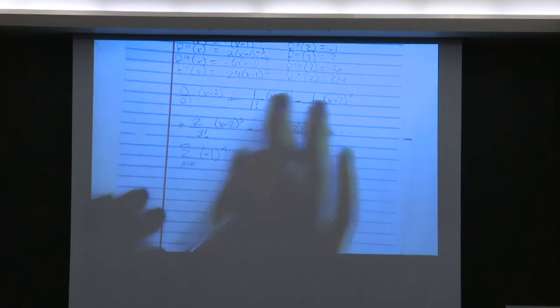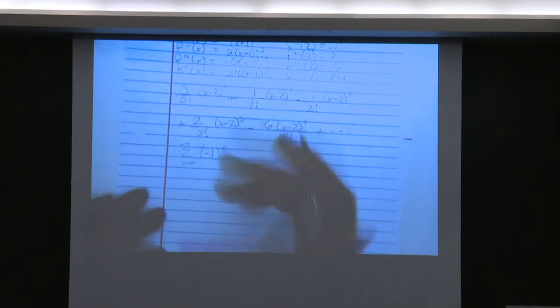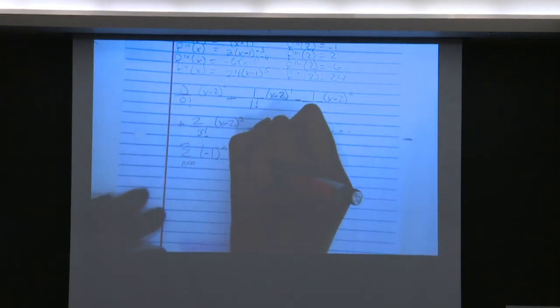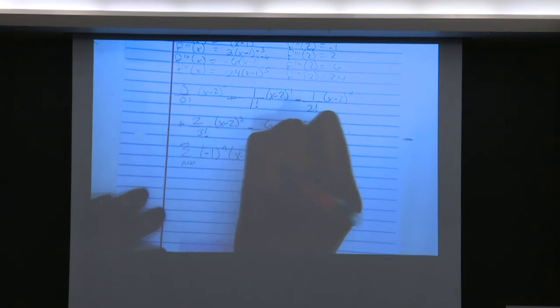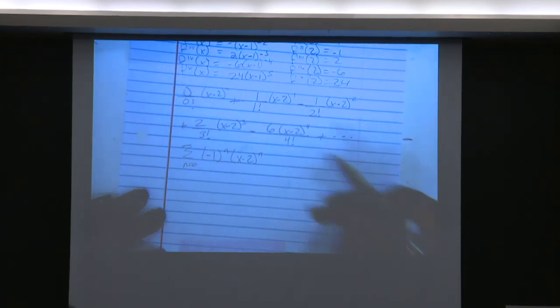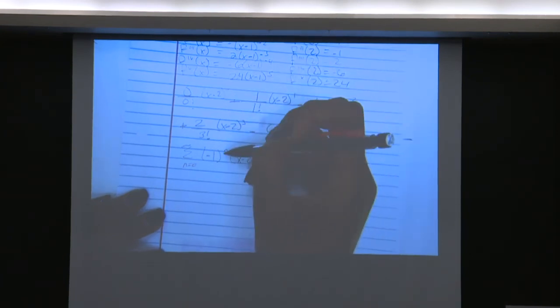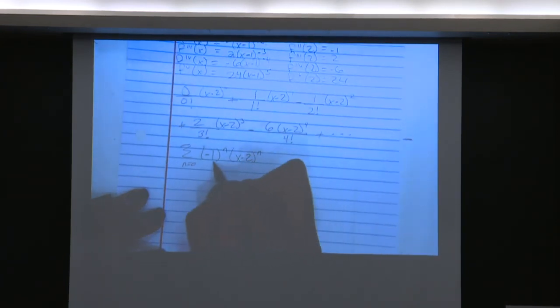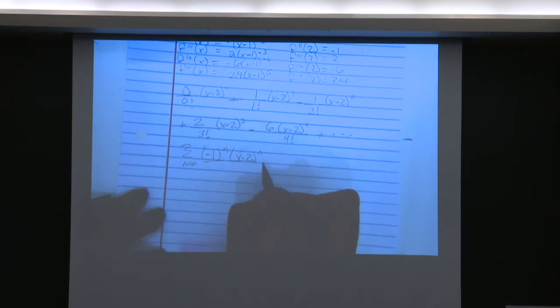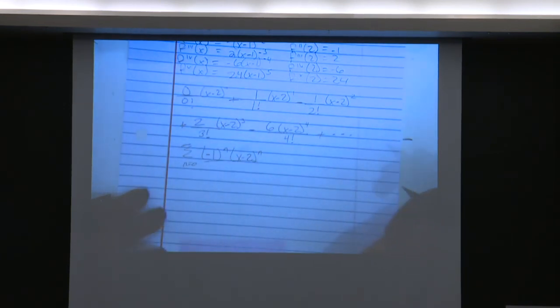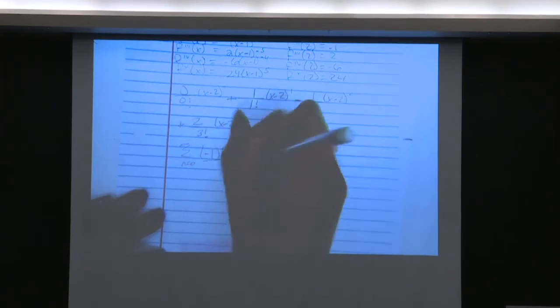Also, we notice that in every one, we have x minus 2 to the n. And we see that because when x minus 2 to the n is 0, we get that over n factorial.